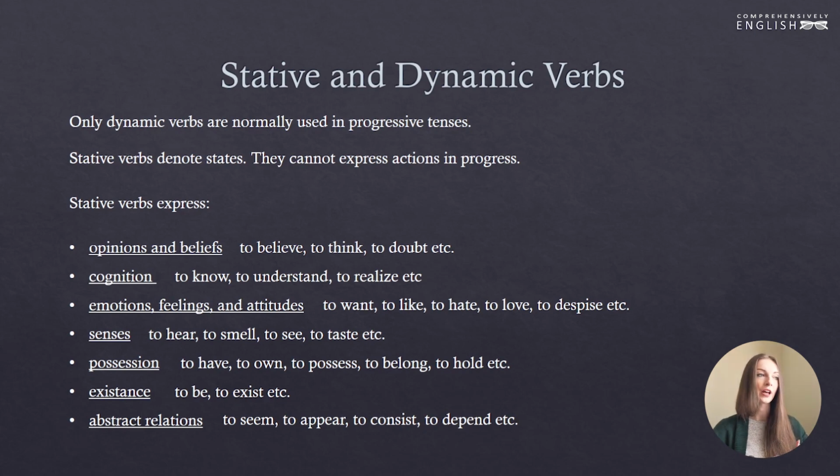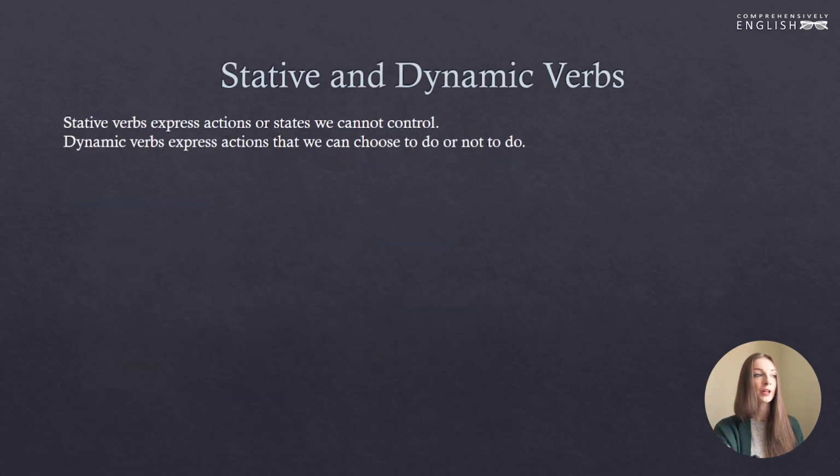Those verbs that express something you cannot influence, something that happens by itself, or something that just is, that is unintentional things, these are stative verbs and they cannot be used in progressive tenses. So to sum it up, stative verbs express actions and states we cannot control. Dynamic verbs express actions that we can choose to do or not to do. That is intentional actions, right?